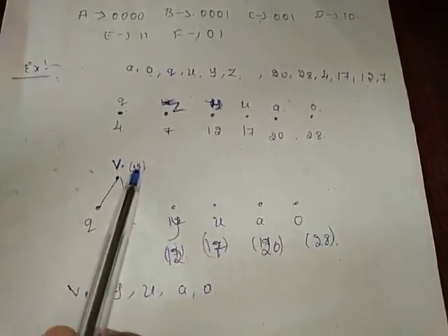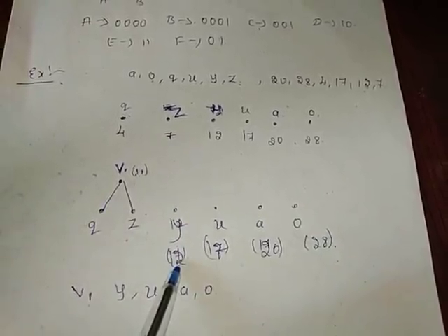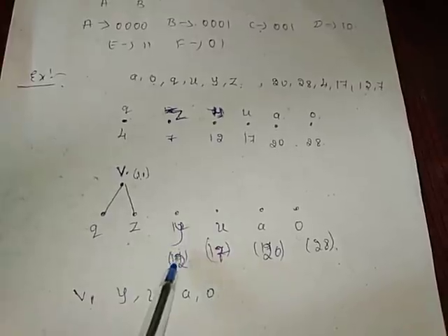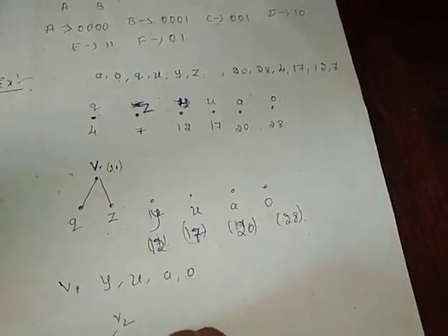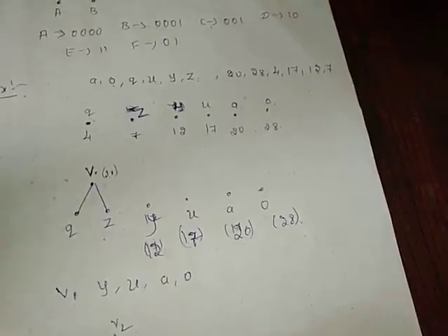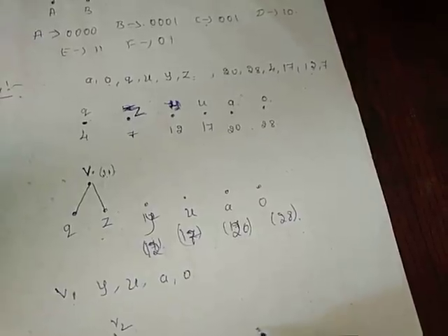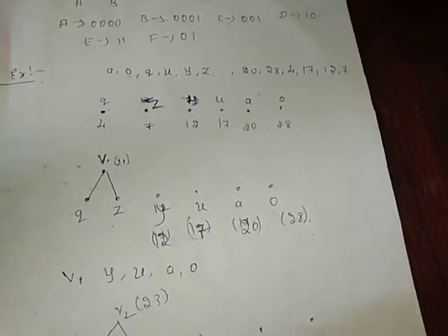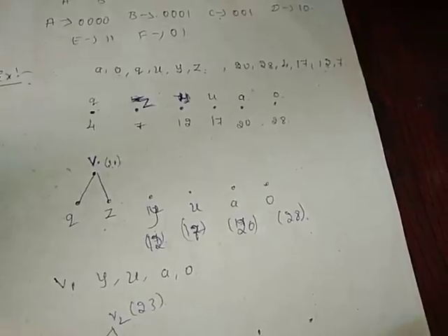Add these 2 weights, 11 plus 12 is 23. Assign this weight to the new vertex V2 and make V1 and Y its children. The remaining vertices stay as they are: V2 having weight 23, U having 17, A having 20, O having 28.